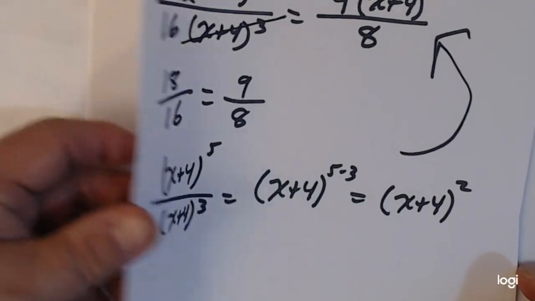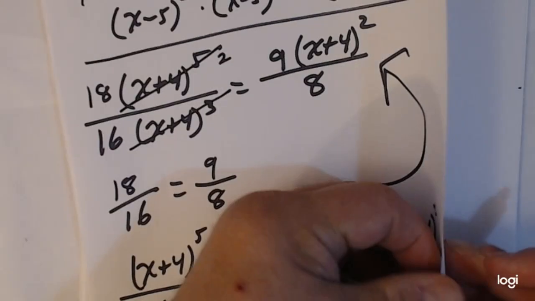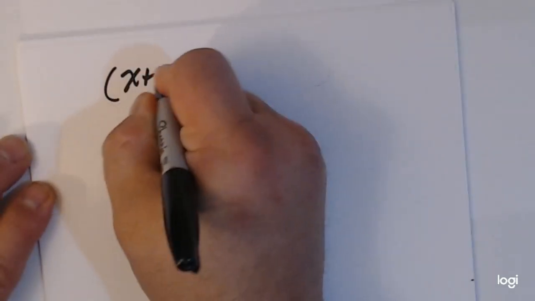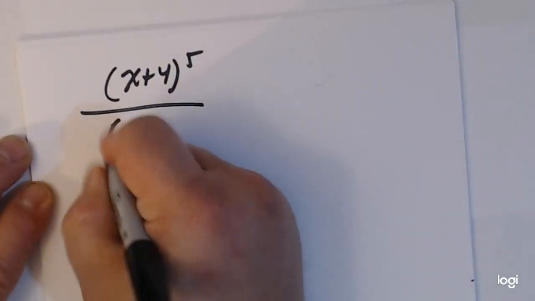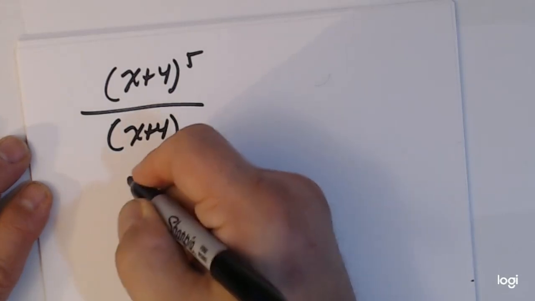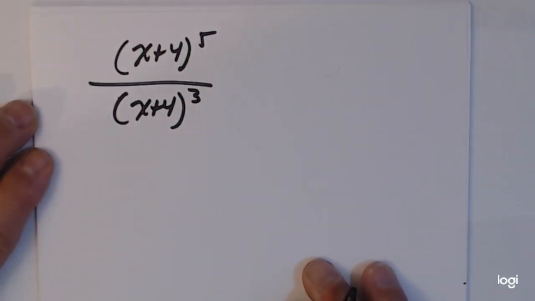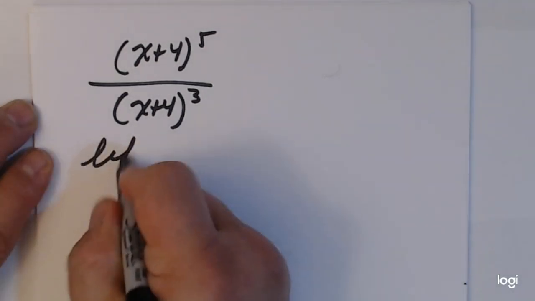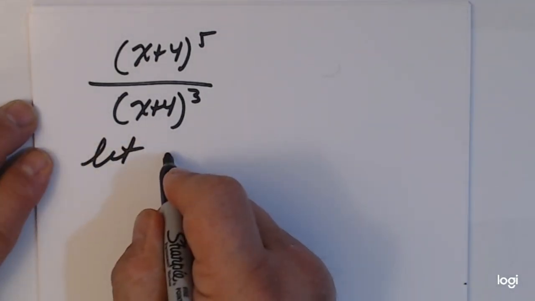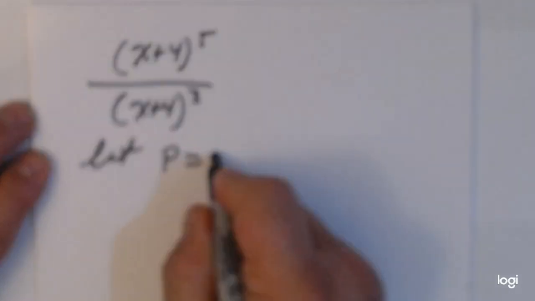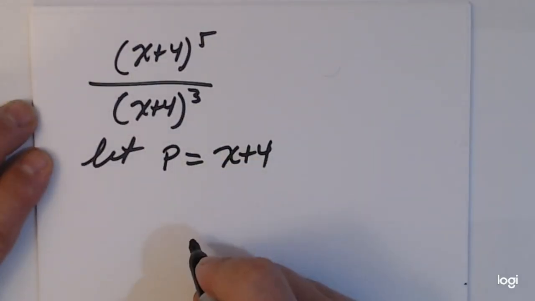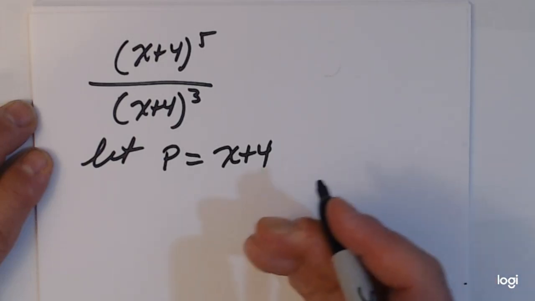Let me show you one other way you can think of that. Let me do that one more and do it this way. Here. X plus 4 to the 5th over x plus 4 cubed. Okay. Let's let P equal x plus 4. So we're going to do a little substitution here.